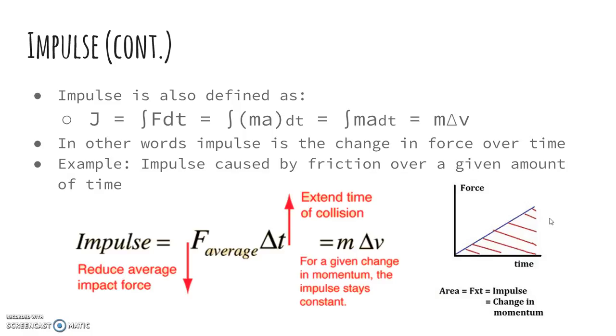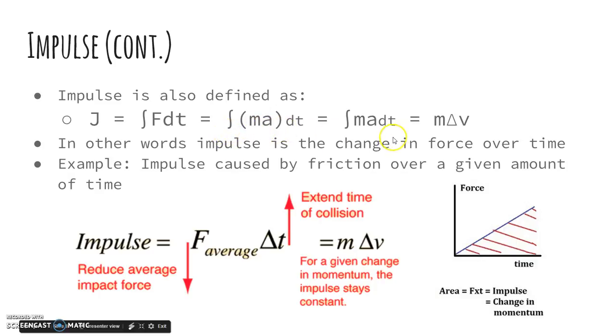Continuing on impulse, impulse is related to force through the integral of force with relationship to time. So essentially you end up with the same thing of m times delta v, or the change in velocity, but the change in force with relationship to time is always the impulse.